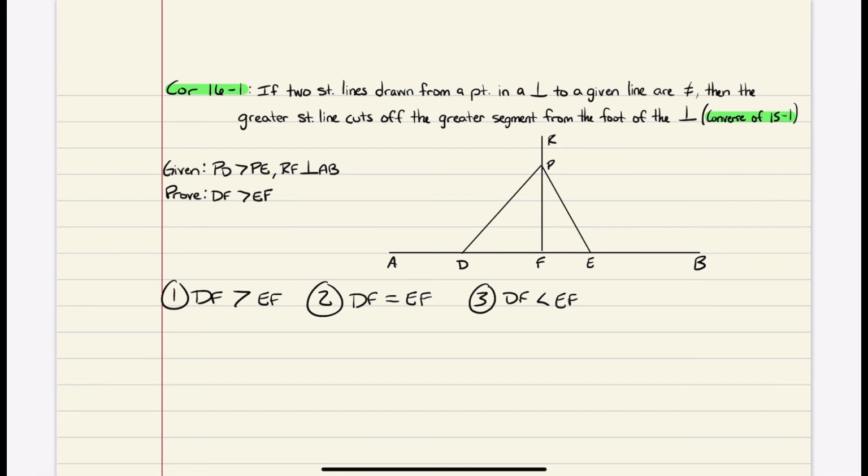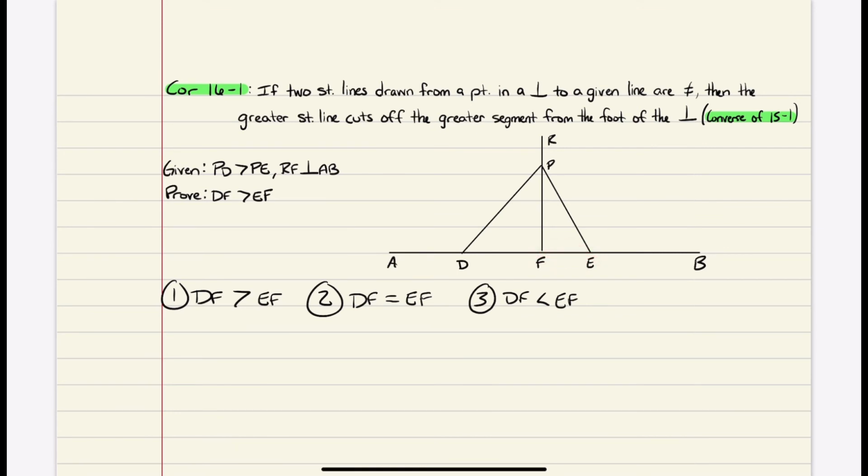If there ever comes a contradiction, then that must mean that possibility is not a correct possibility. And so obviously we have that DF is greater than EF. That's what we're trying to prove. But let's lay that aside and try to prove the other two possibilities. It's either equal to EF or it's smaller than EF.